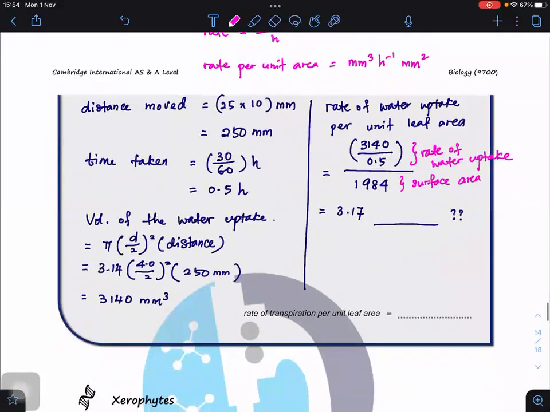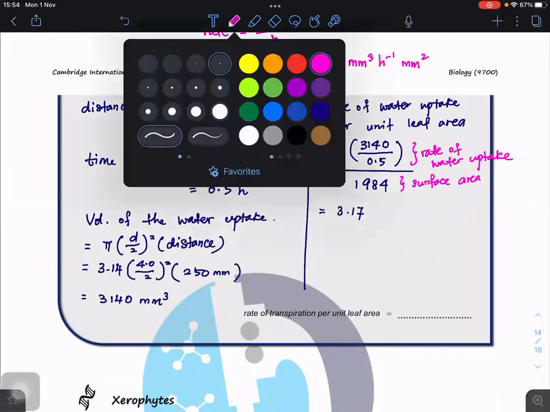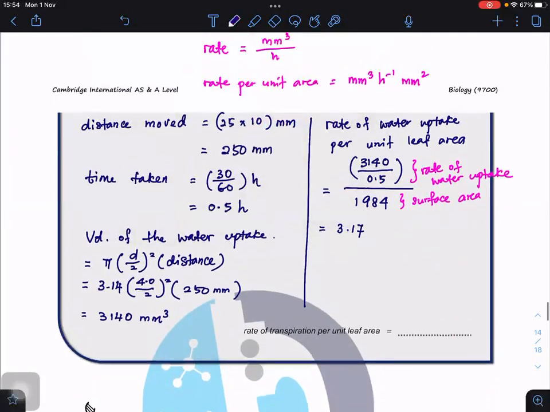So the answer with the unit is 3.17 mm cube per hour per mm square of leaf surface area. Then there is a meaning.